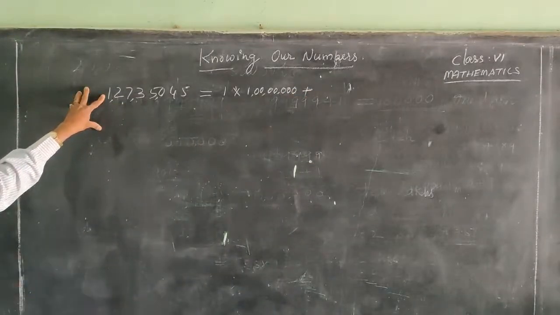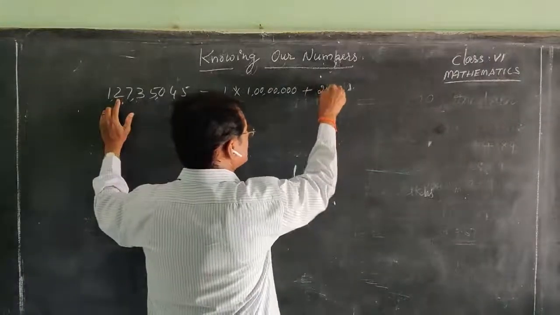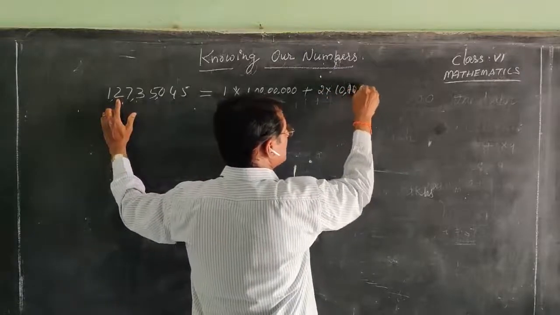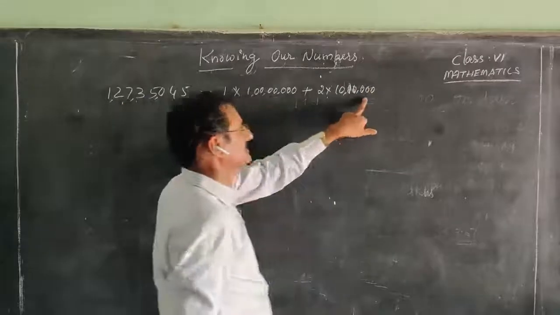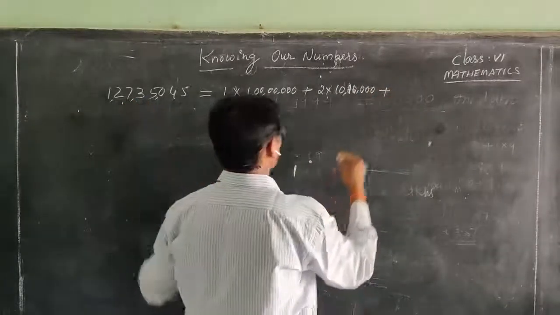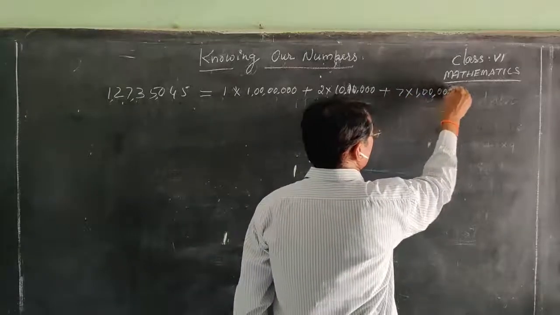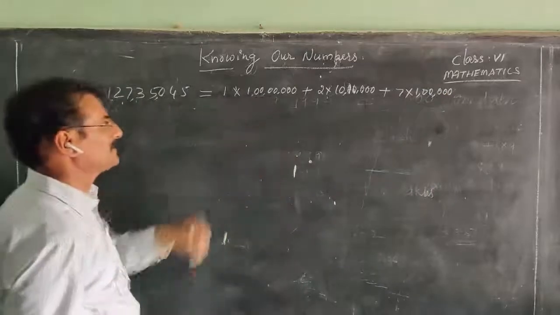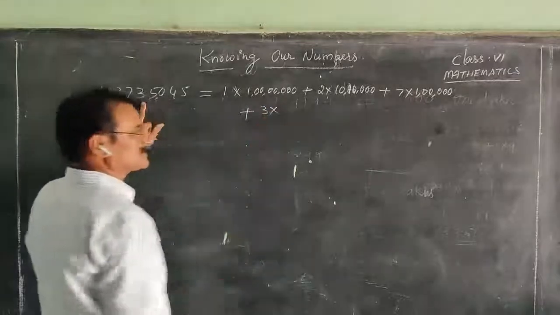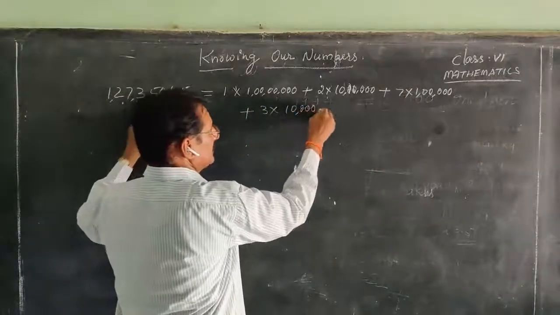It is an 8-digit number. Next, 2 in which place? 10 lakhs place. Plus 7 lakhs. Plus 3 in which place? 10,000.